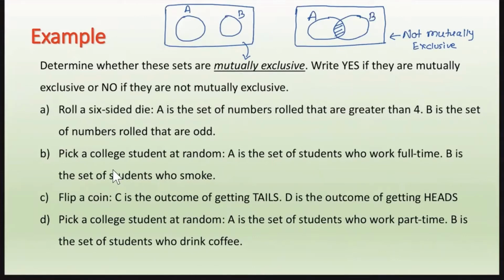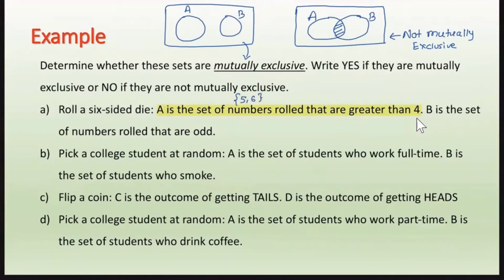So let's read each of these. The first one is: roll a 6-sided die. That is the experiment. And the event A is the set of numbers rolled that are greater than 4. When you roll a die, what are the numbers greater than 4? 5 and 6, right?